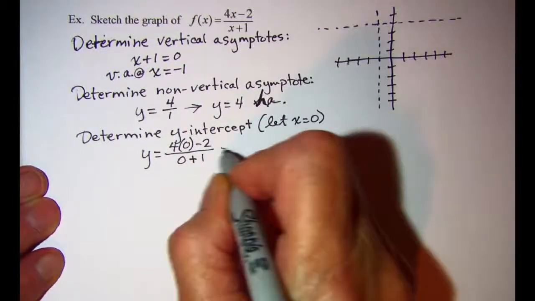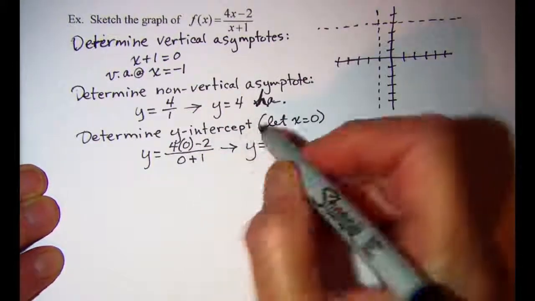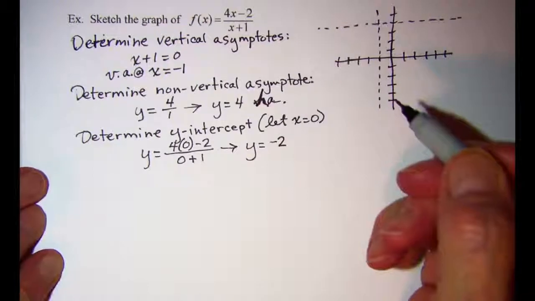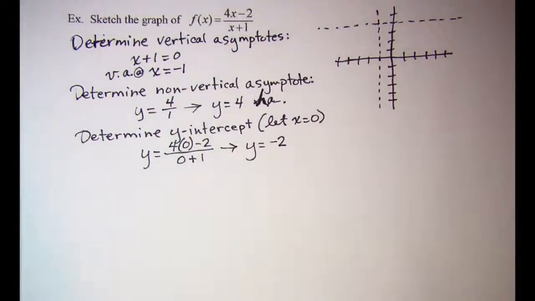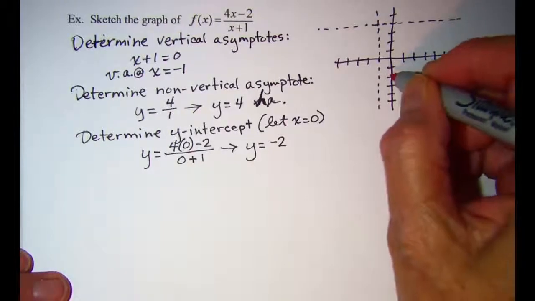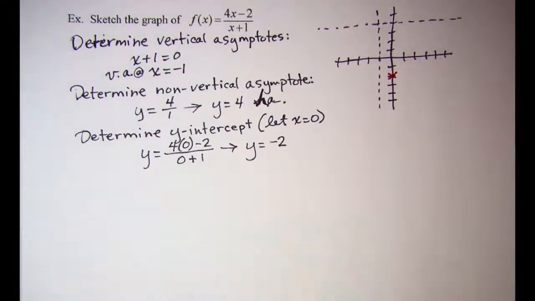So our y-intercept is -2/1, which is -2. So our y-intercept, we'll mark that on the graph at y equals -2. The graph has to cross at -2.